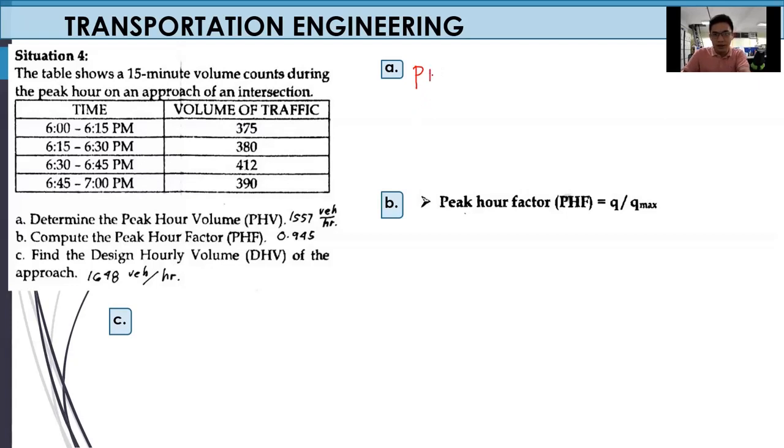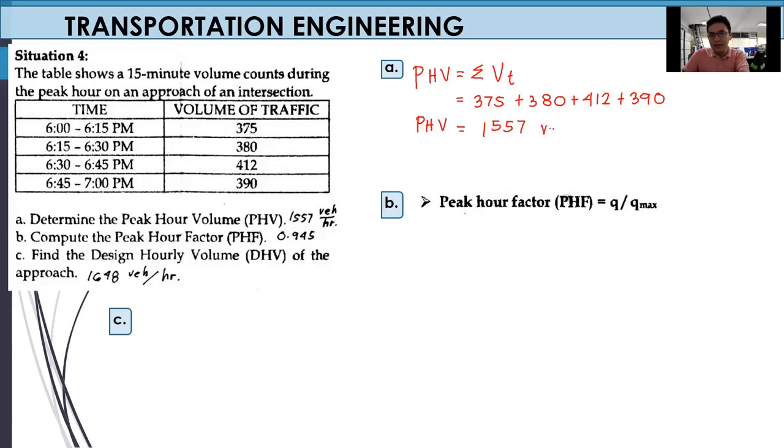Peak hour volume is equivalent to the summation of all volume. So therefore, 375 plus 380 plus 412 and last one which is 390. So therefore, gamitan natin yan ng calculator that is equivalent to 1,557 vehicles.